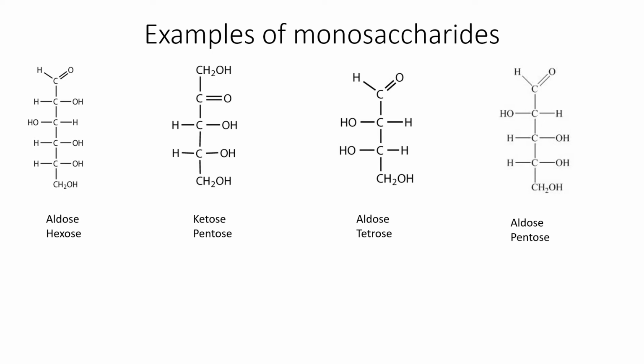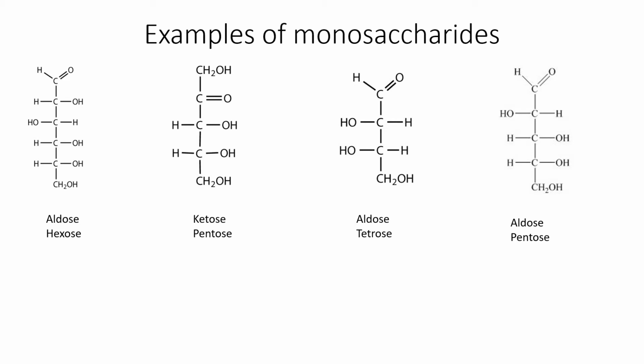Our left hands are distinctly different from our right hands. These sugars also have that chirality, or handedness. Now that's not something we're going to go into any depth on, but that's the reason why these are written vertically, such that the handedness is a little bit easier to see.